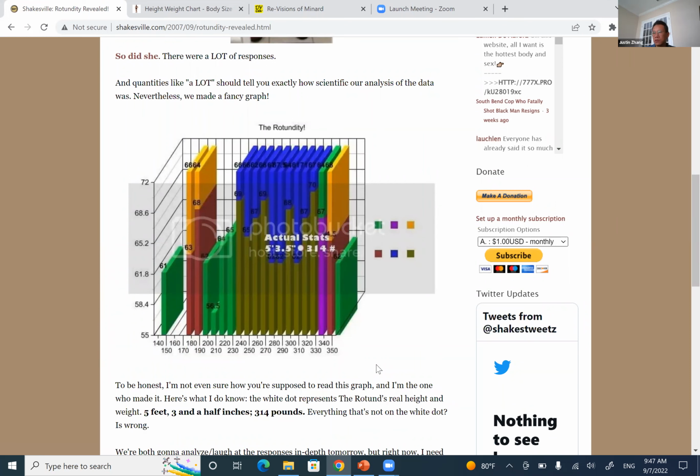Even the author of this data visualization admitted that, to be honest, I'm not even sure how you're supposed to read this graph, and I'm the one who made it. Because this person was not trained in creating data visualization, even she was confused on how to read it.